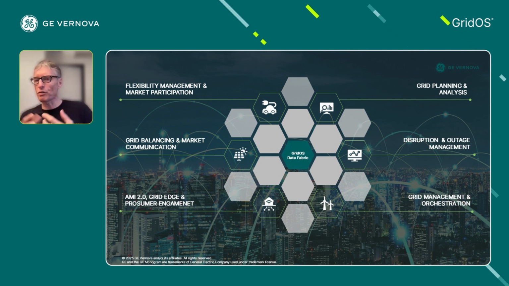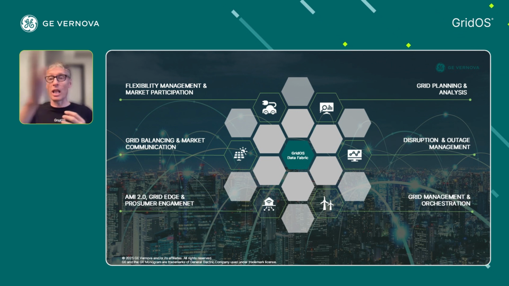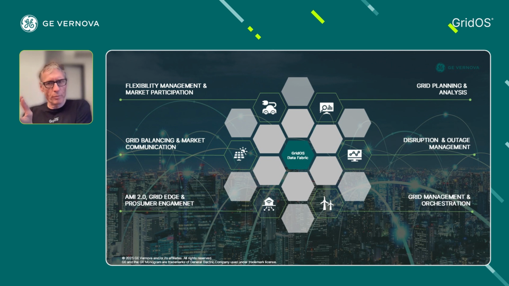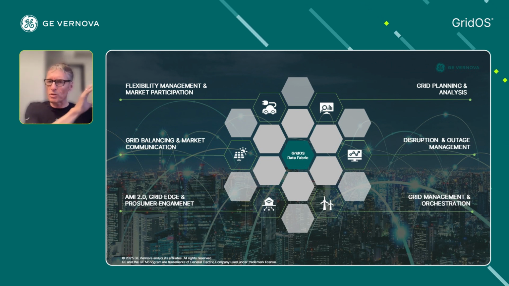You might be much faster understanding which clients are affected. You might be able to dispatch teams faster to fix the failures. So there are many use cases related to disruption and outage management where you would use distributed data coming not only from the operational systems, but also from the IT world, from smart meters, from sensors.